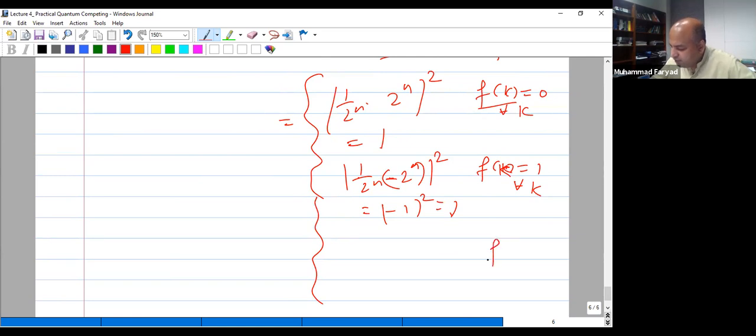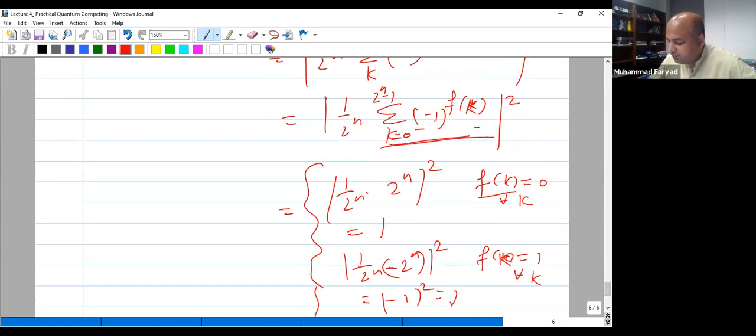Now let's see what happens if f(k) is balanced. If f(k) is 0 for half of the k and 1 for the other half, what would happen? Now you see in this sum, when f(k) is 0, I will get (-1)^0 as +1. And when f(k) is 1, I will get (-1)^1 as -1.